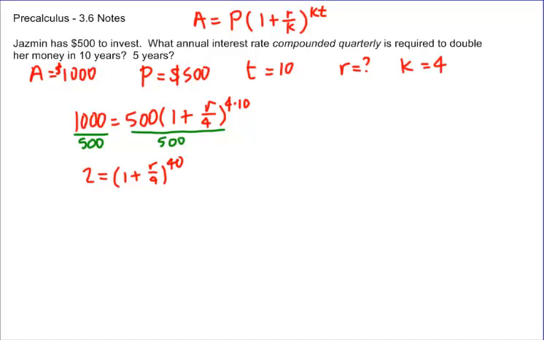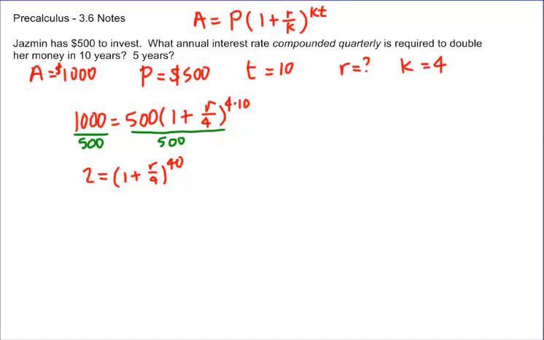All right. Now again, how do you deal with this? Well, one thing that you can do is graph the left side and graph the right side and find a point of intersection, and that'll allow you to find out exactly where the solution is.